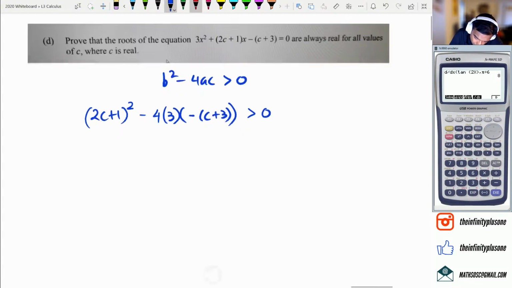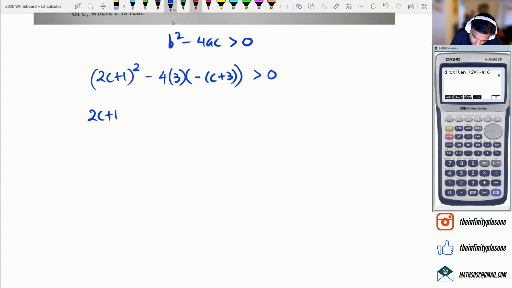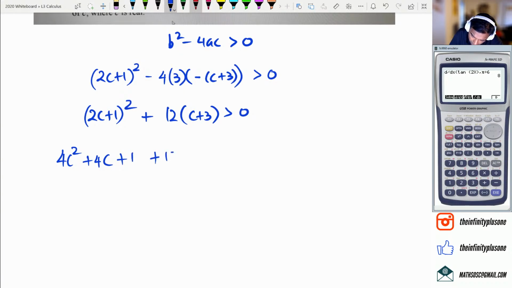So here we're going to get 2c plus 1 squared plus 12 times c plus 3 is greater than 0. So we've got 4c squared plus 4c plus 1 plus 12c plus 36 greater than 0.